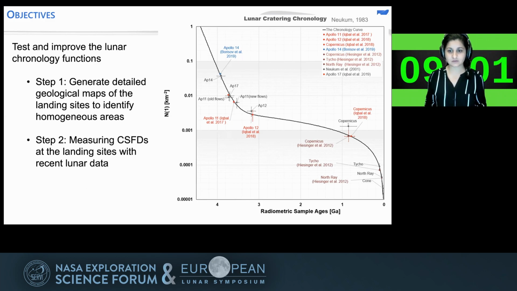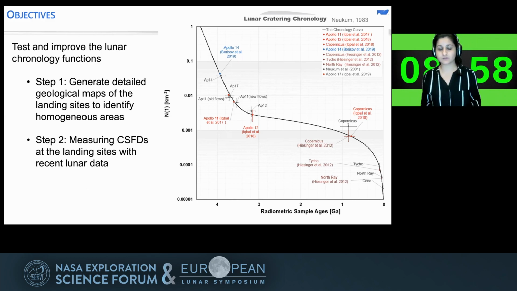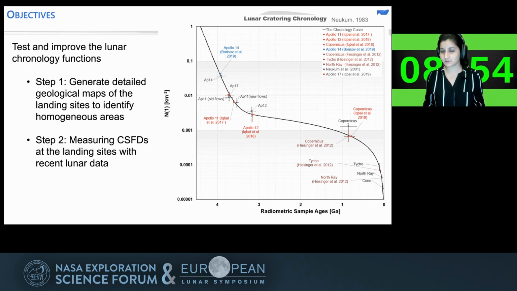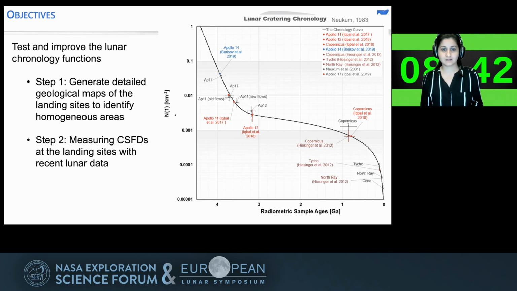As I noticed today, we have people from various geology fields here, so I would like to describe a little bit what the lunar chronology function is. On the y-axis, you see a logarithmic scale represented by the value N1, which you gain by measuring the crater size frequency distribution.